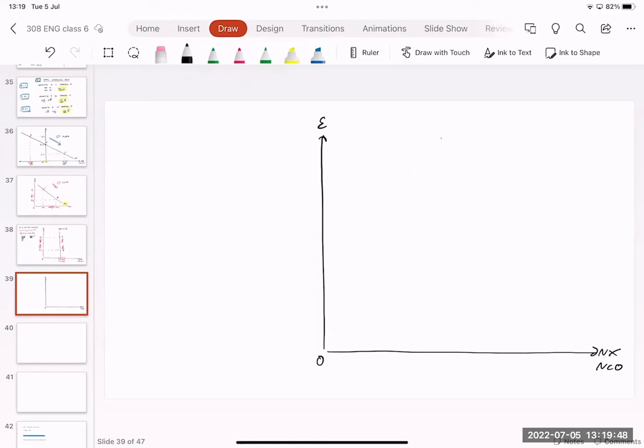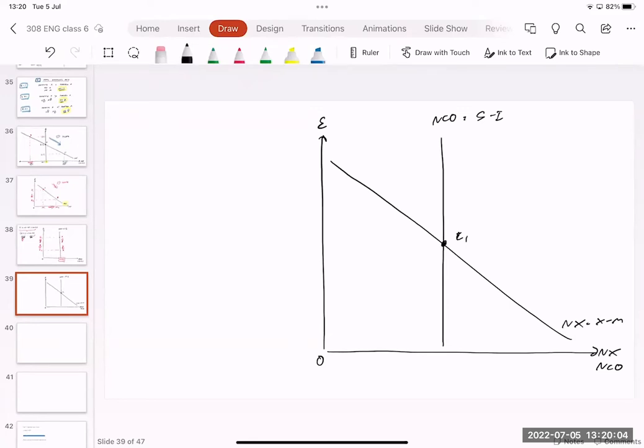A vertical curve like this is NCO, which comes from S minus I, and then you have the negative slope of NX, which comes from X minus M. The location where the two curves intersect each other, we call the equilibrium point. Then you can find the equilibrium real exchange rate. And at the equilibrium point, NX is going to be equal to NCO.